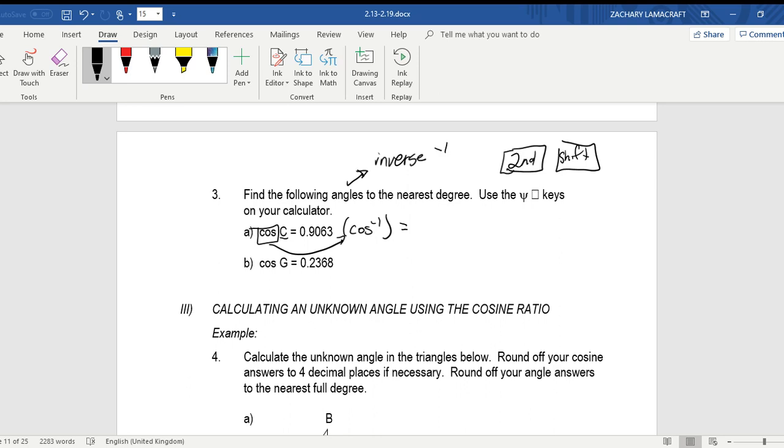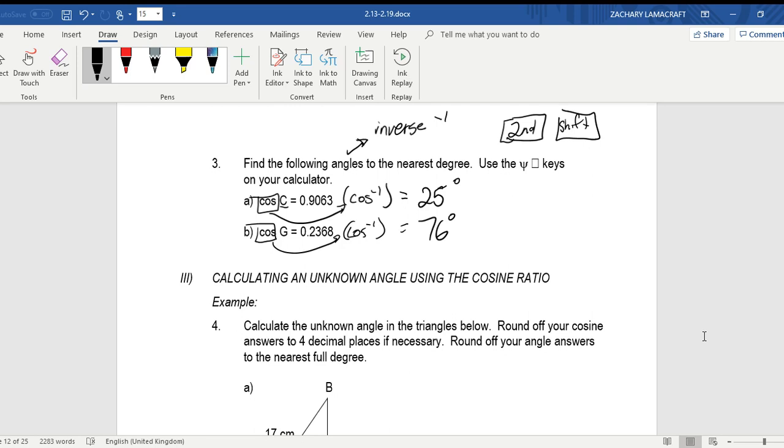Does somebody want to write in the chat the angle to the nearest degree? Awesome. 25 degrees. And if we do the same thing with the next one, we bring it to the other side. Can somebody write that answer in the chat? Once again, awesome. So 76.3, we always do it to the nearest degree. So in this case, it's 76 degrees.